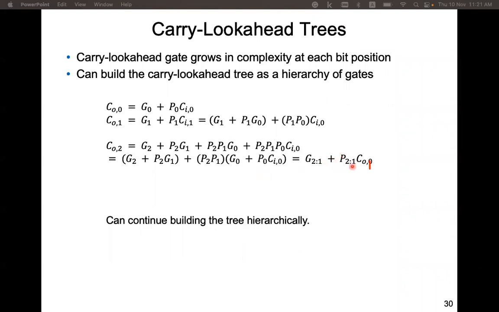And this group propagate idea has been encountered before. Do you recall anything similar to this concept? The carry skip adder. We have this multiplexer layer to skip a carry in, to directly pass the carry in to the output of that stage.